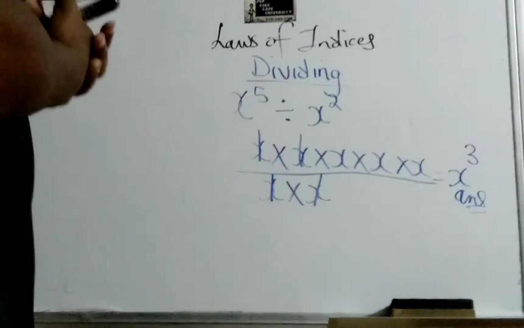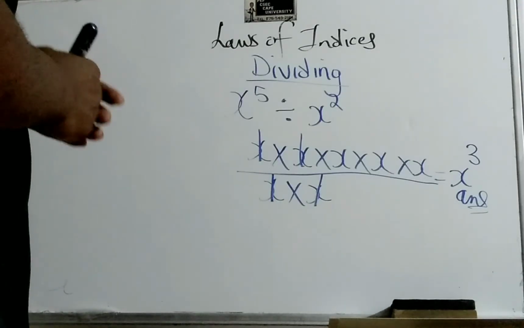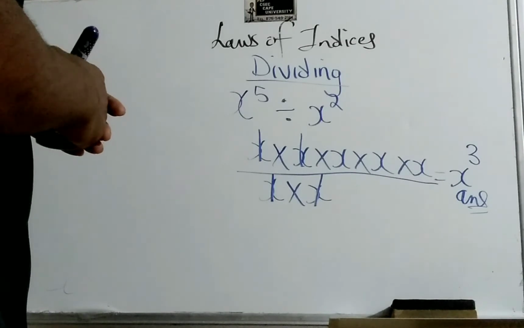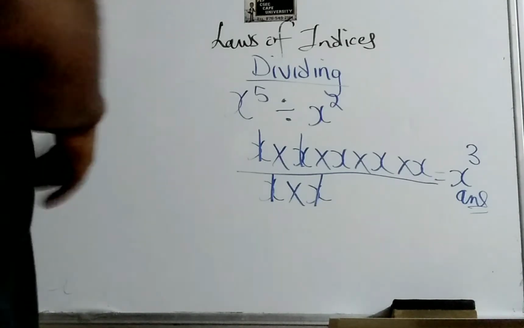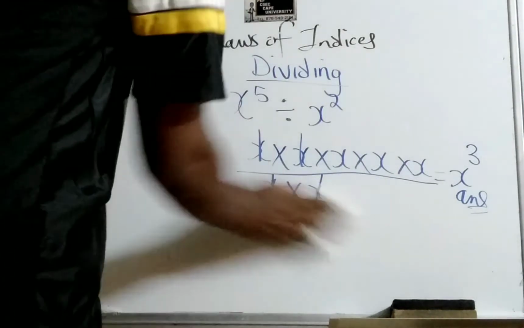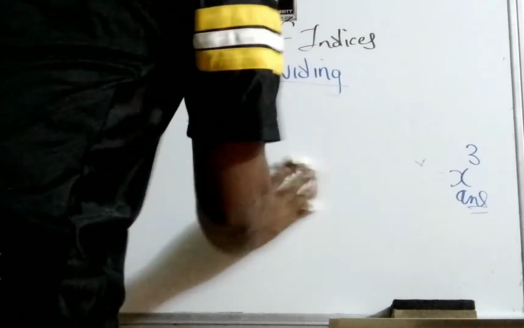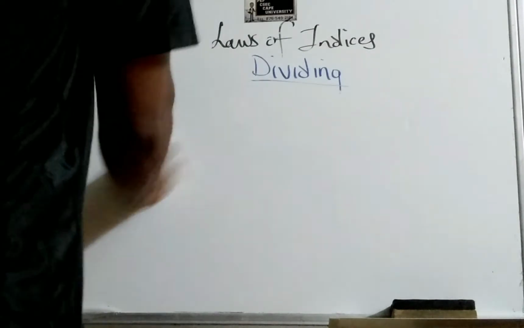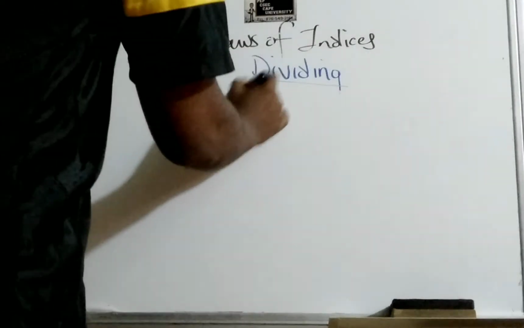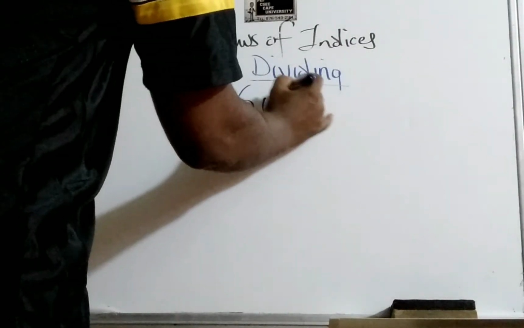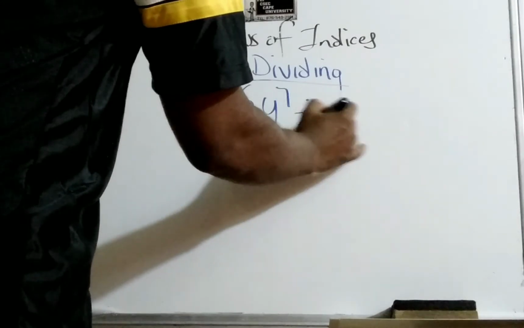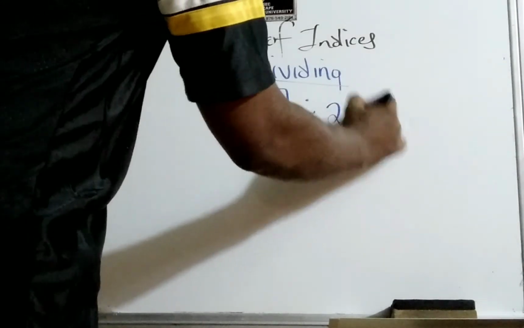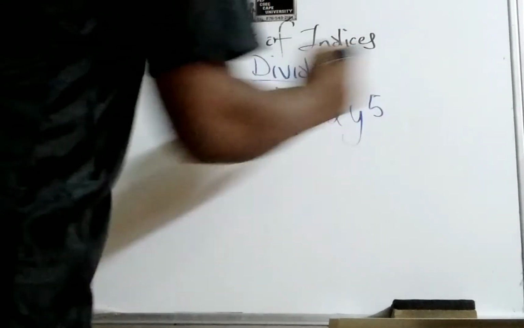Alright, what if a whole number or 2 whole numbers are involved? How do we treat that? Let us look at that. So let's say we have 6y to the 7th divided by 2y to the 5th.